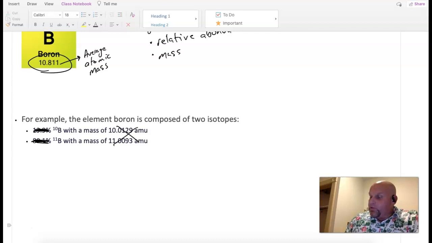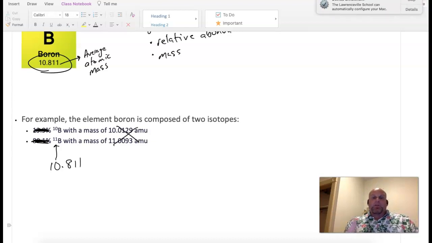So since I have two isotopes here, boron 10, boron 11, and my average atomic mass value as listed on the periodic table is 10.81, that value is closer to 11 than it is 10. So I would guess here that boron 11 would be the isotope that occurs more often in nature as opposed to the boron 10.